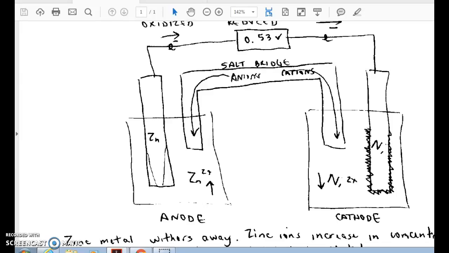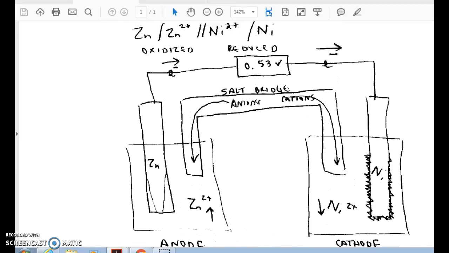And that is the part that is gaining electrons, where the reduction occurs. So we separate the half reactions, the oxidation half and the reduction half, into two separate containers connected by wires, which can be hooked up to a voltmeter, and also connected by a salt bridge, which helps to complete the circuit.